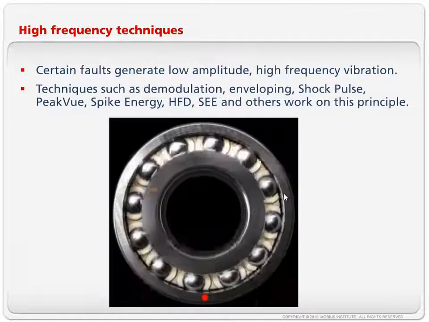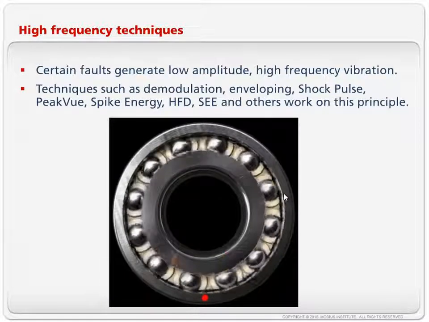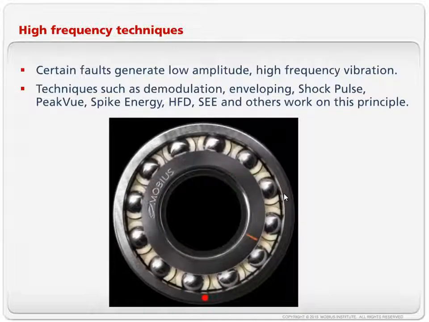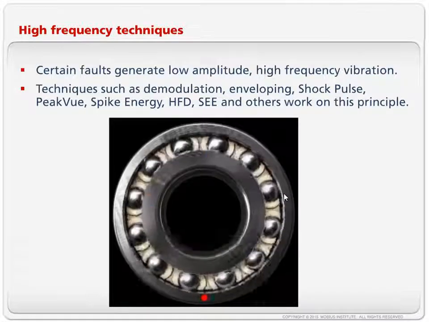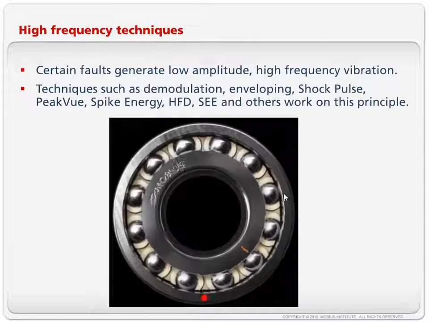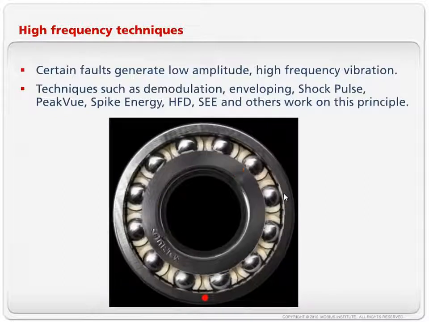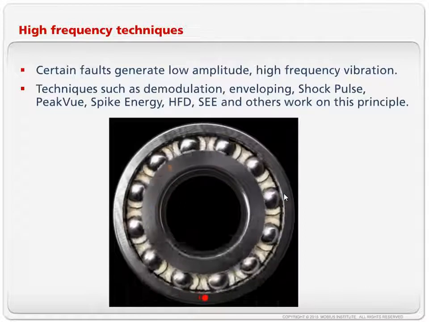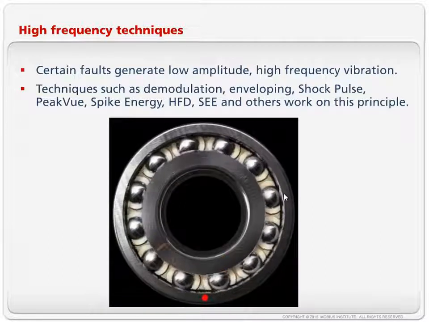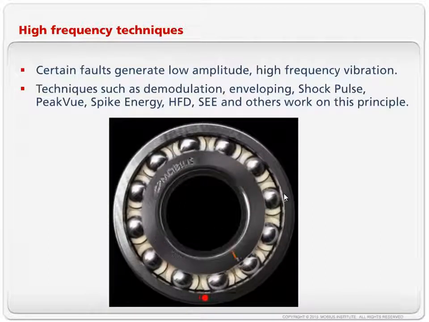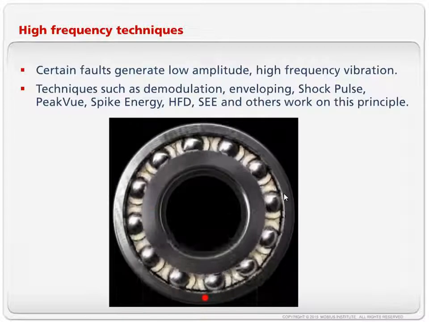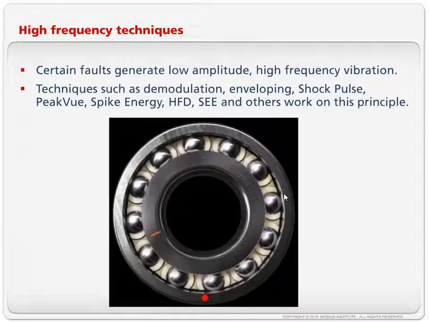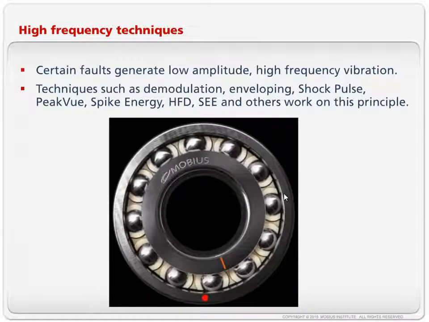It can be called demodulation, enveloping, shock pulse, peak view, spike energy, HFD, SEE, Swan, and there's probably other names out there. I apologize if I've forgotten the one you're using. But bottom line is they all, in essence, do the same sort of thing. The first thing they do is they filter away all the high amplitude, low frequency vibration, the normal stuff we would expect to see in a spectrum. That is much higher amplitude compared to what we're looking at with these stress waves and so on.